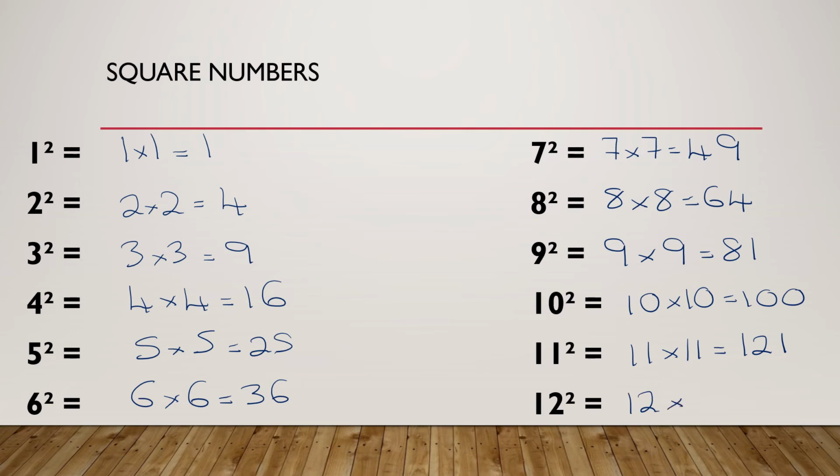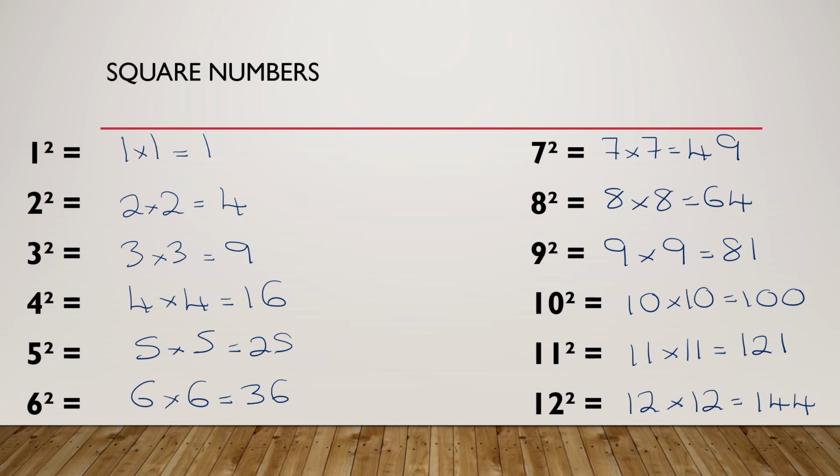And 12 squared is 12 times 12, which gives us 144. So these are our square numbers: 1, 4, 9, 16, 25, 36, 49, 64, 81, 100, 121 and 144.